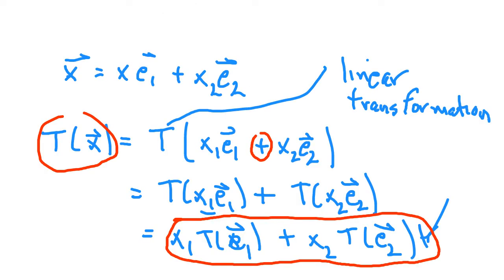Okay, so section 1.9, let's do an example. Let me change this to 2-point font.